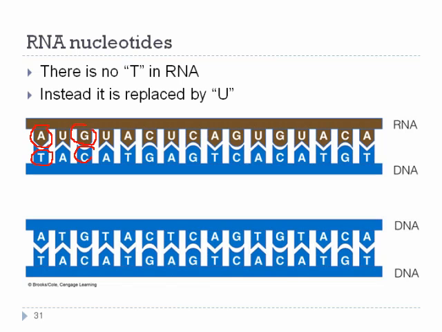The C and the G are exactly the same, and the G and the C are exactly the same. Where it becomes different is when we have an A in the DNA. If we were doing DNA replication and making a DNA copy, we would put a T. But there is no T in RNA. Instead, it's replaced by U. U for uracil.